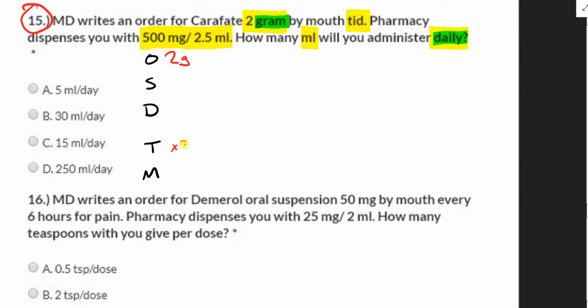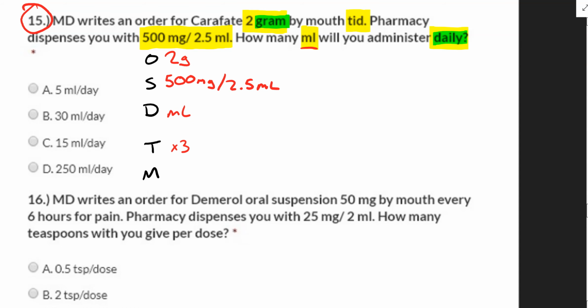So that's times 3. And then we've got our stock, which is 500 over 2.5. And then our desired is the mLs.